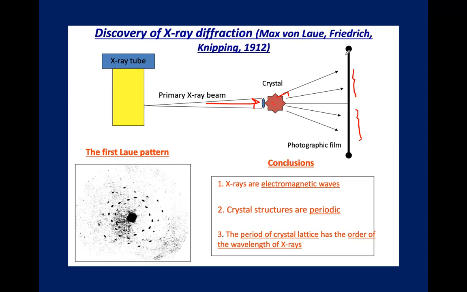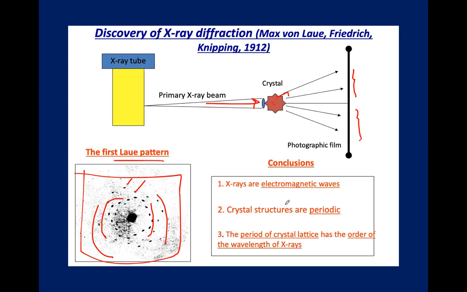On a photo film, they can be recorded. So this is how you observe on a film the places where the X-rays hit. You can see a very systematic feature. That all depends on the crystal shape. So that is the first pattern observed by them, because X-rays can diffract in a systematic way in crystals.